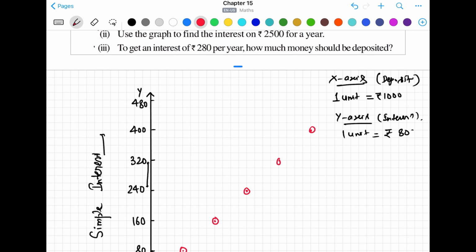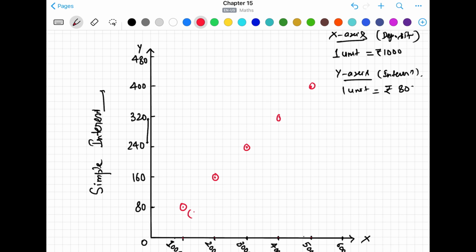Let's name them. We have 1000 rupees, 80 rupees as interest. For a deposit of 2000 rupees, 160 rupees as interest. For a deposit of 3000 rupees, interest is 240 rupees. For 4000 rupees, interest is 320 rupees.